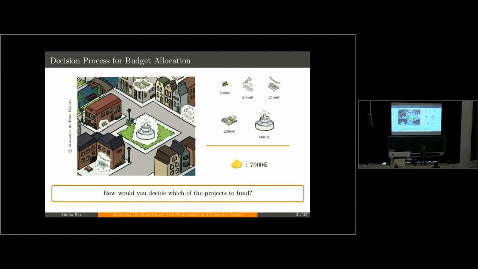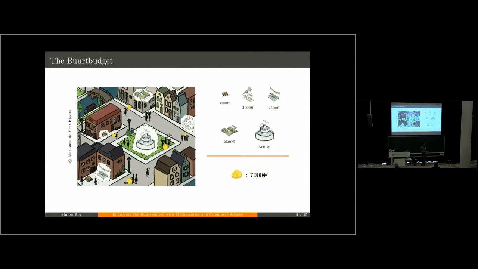Okay, but what I want to have a look at today is what you proposed. Sorry, I don't have the names. And it's actually to ask the people living in the neighborhood, you can see they've shown up in the picture, what they think about this project, and use that additional information to make your decision on which of the projects to fund.